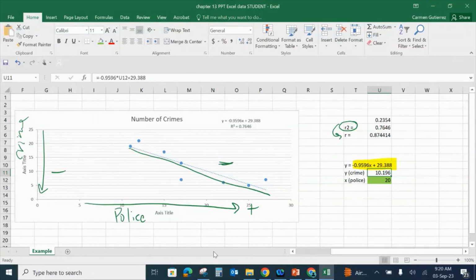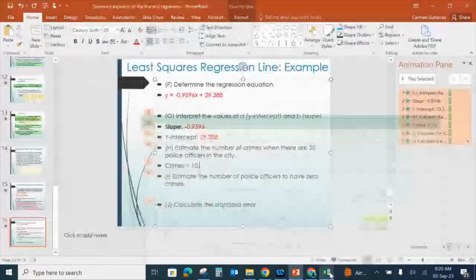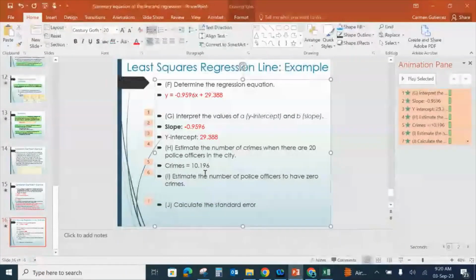That is 10.196. So estimate the number of crimes, the number of crimes is equal to 10.196. Okay. And so that's the answer for that part.